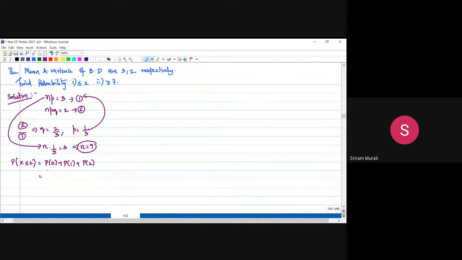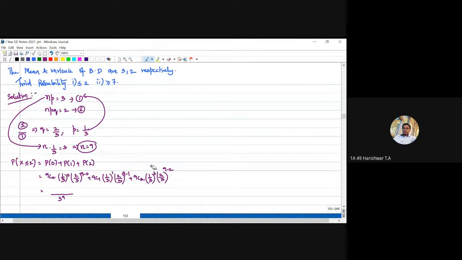So 0 means 9c0 p power 0 q power 9 minus 0, then 9c1 p power 1 q power 9 minus 1. If you simplify, how do we take the LCM for this, sir? Everything is 3 power 9, and 9c2 into 1/3 power 2 comes, sir.